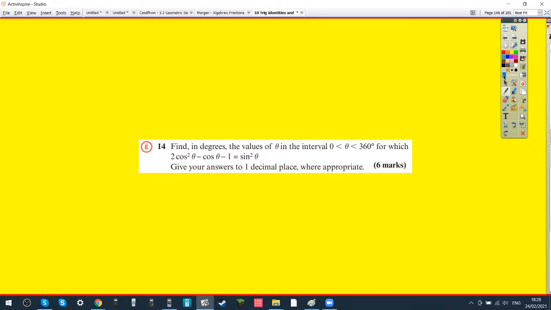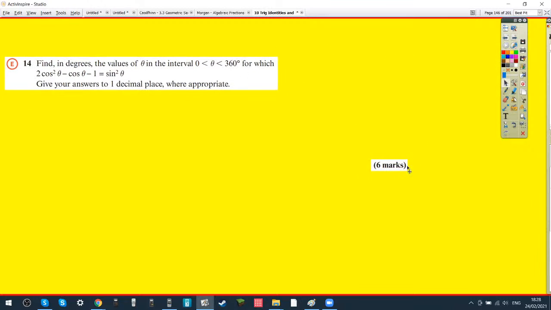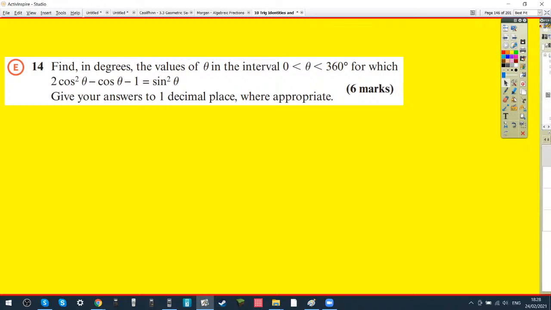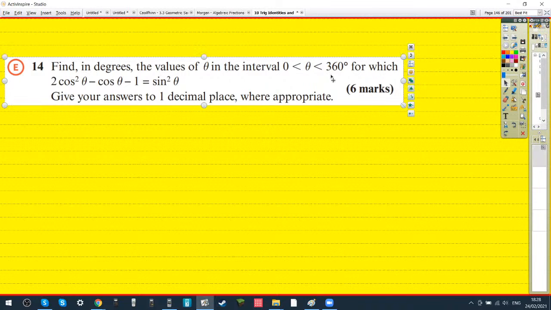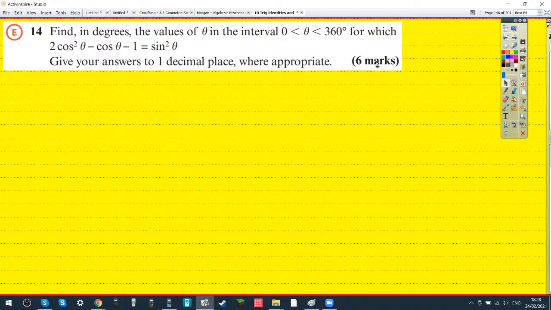And so how would you start this one? Make it equal to 0 again. So minus sine squared theta. Then get sine squared theta to become 1 minus cos squared theta.